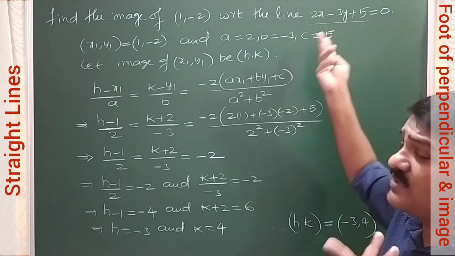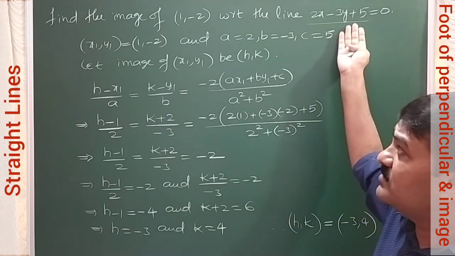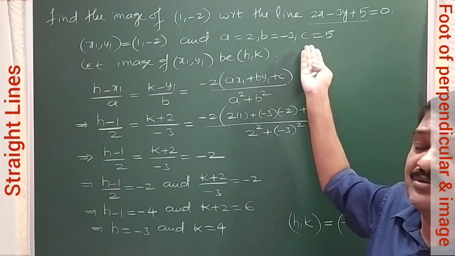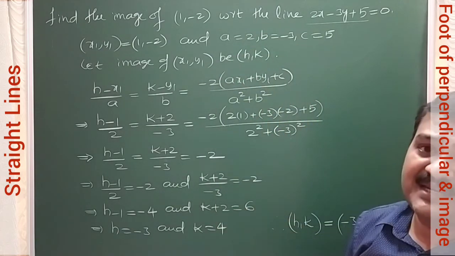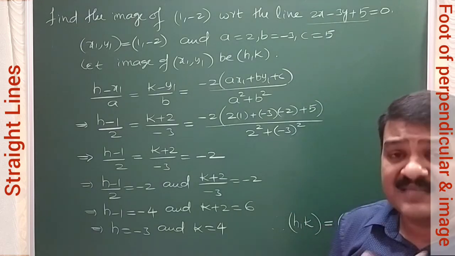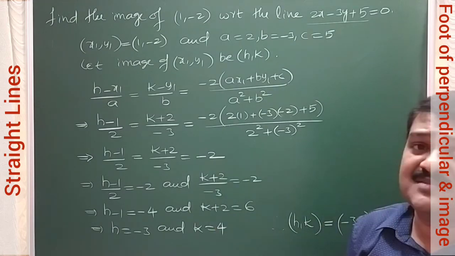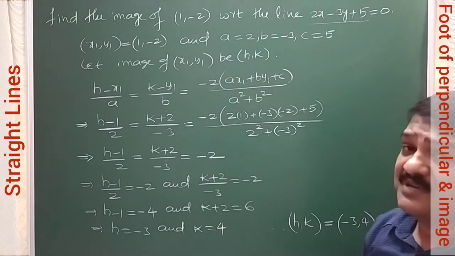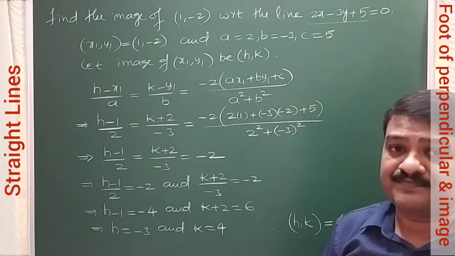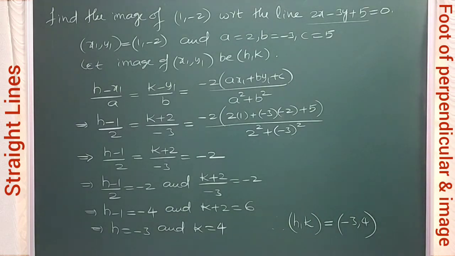So take the line as y is equal to 0, which means a will be 0, b will be 1, c will be 0. Just using the formula we can derive it with respect to the x-axis, the y-axis, and the line y is equal to x. All these formulas we can derive using this one. Whatever line you want, take that line and you can calculate the image of any point.